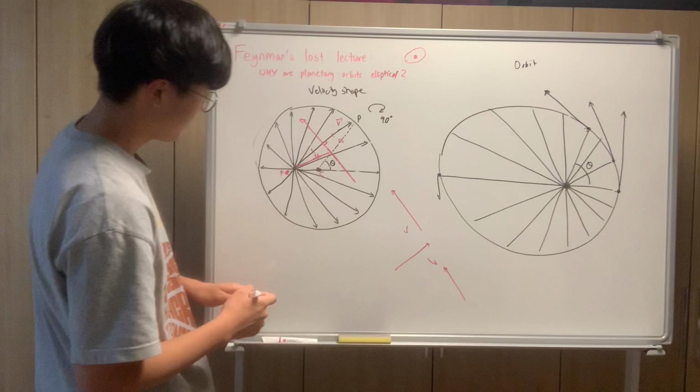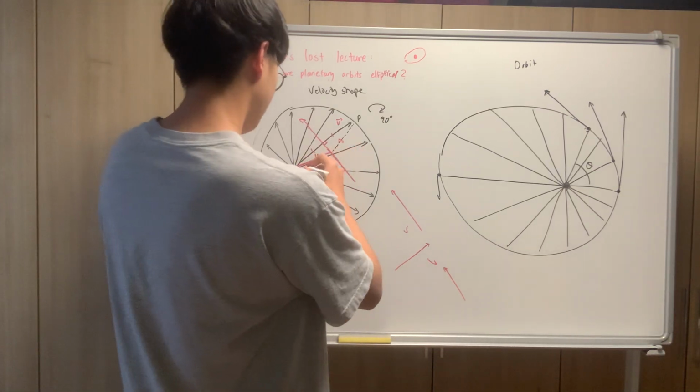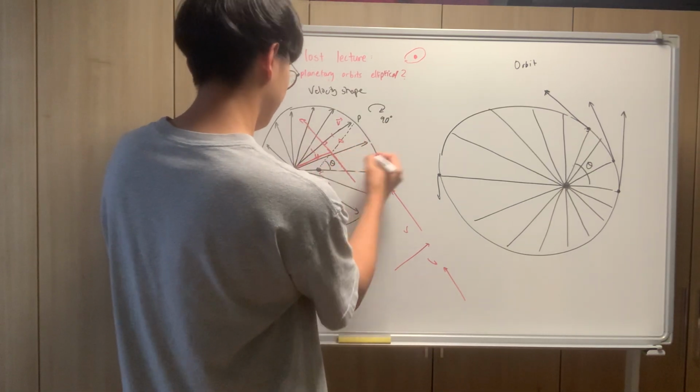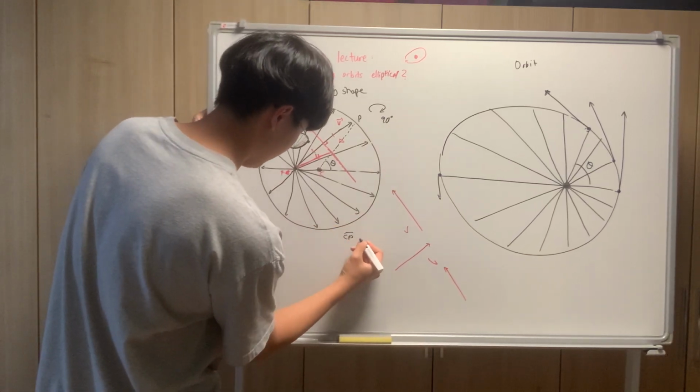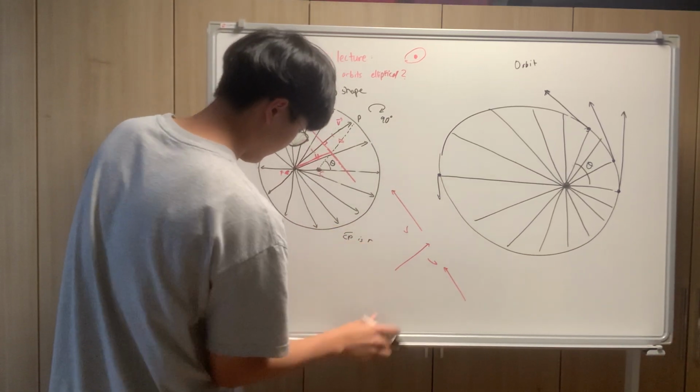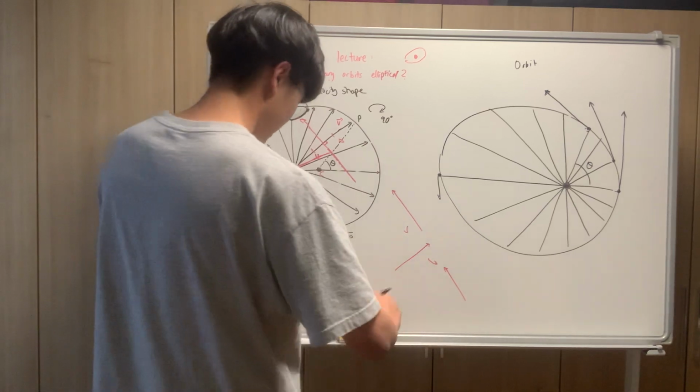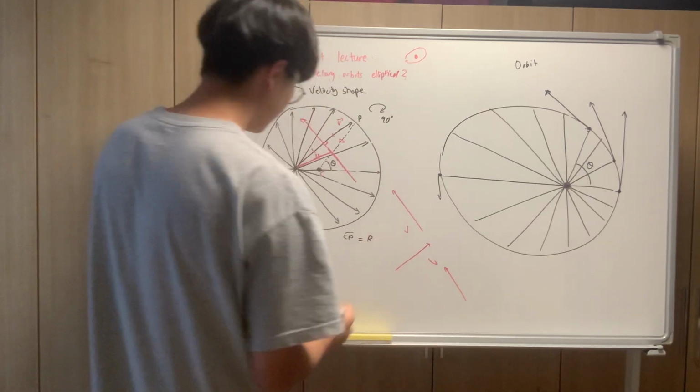Well, first of all, this is C. Line CP is the radius, so line CP is equal to the radius.